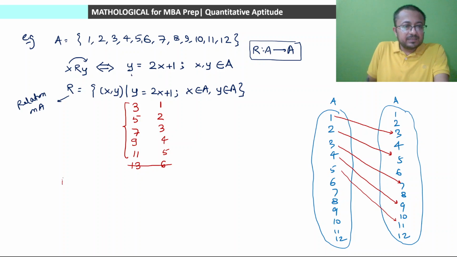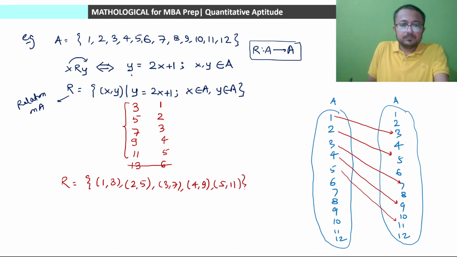So we can write this relation as having elements, order is important, (1, 3), (2, 5), because x will be preceding the y. Okay? And then (3, 7), (4, 9), and (5, 11). These are all the elements. Okay, the domain of our relation R will have all the first elements. 5 elements are there, 1, 2, 3, 4 and 5.